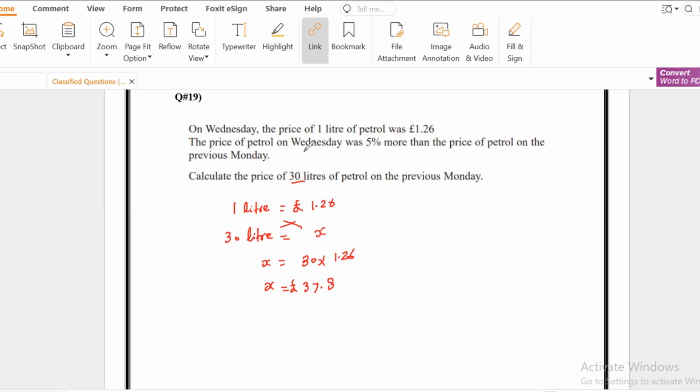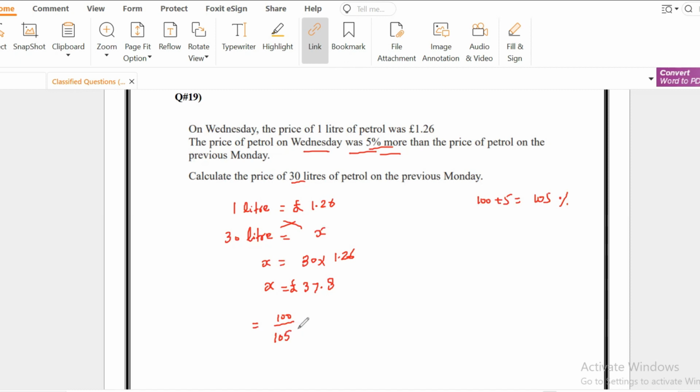So remember, there is one point. Price of petrol on Wednesday is 5% more. It means the price of petrol on Monday must be less than the price of petrol on Wednesday. So we can say that price of petrol on Monday is 100 divided by, this is 5% more, so increase 5% in percentage, that means 100 plus 5, 105%.